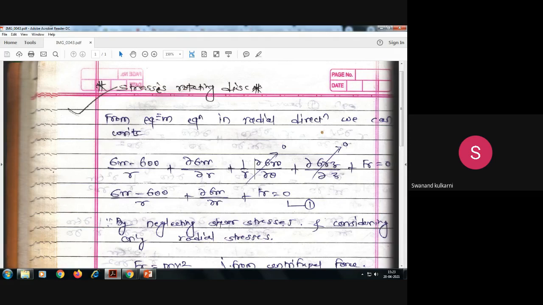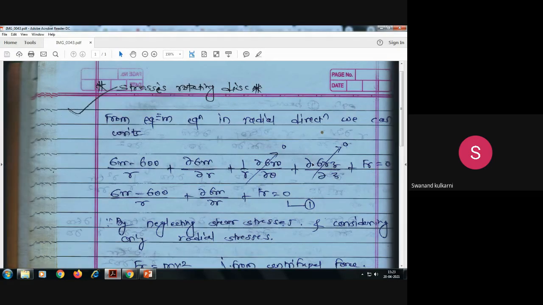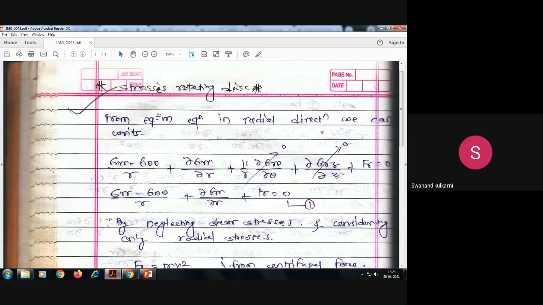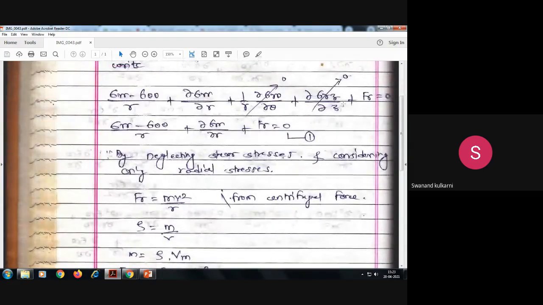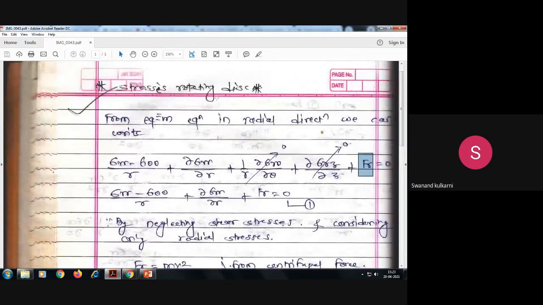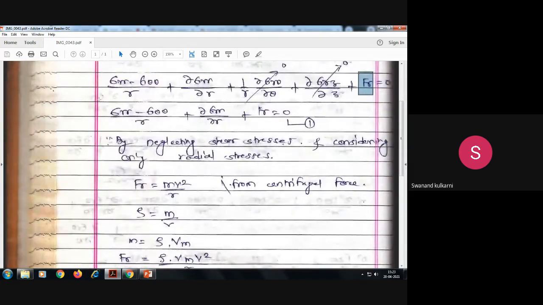The part in the angular direction and the part in the vertical direction are not taken into consideration here. So you can see that 1 upon r dou sigma r theta upon dou theta plus dou sigma rz upon dou z is now neglected. We consider only the part available in the radial direction, because we have to find the stresses in the rotating disk in the radial direction.